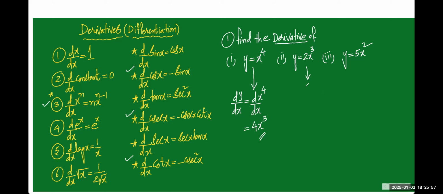Does it become 2x too? Let me check it. 2 into the x cube derivative will be 3x square. 3 times 2, that is 6x square.